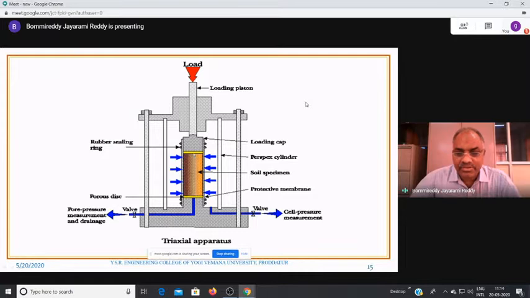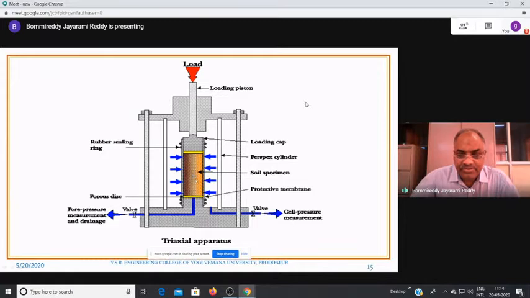These two we can call porous plates, the top porous plate and the bottom porous plate. Porous plates are provided to allow drainage.